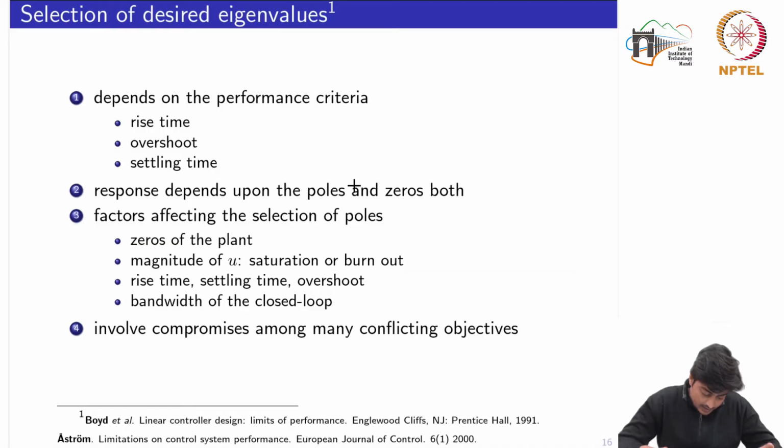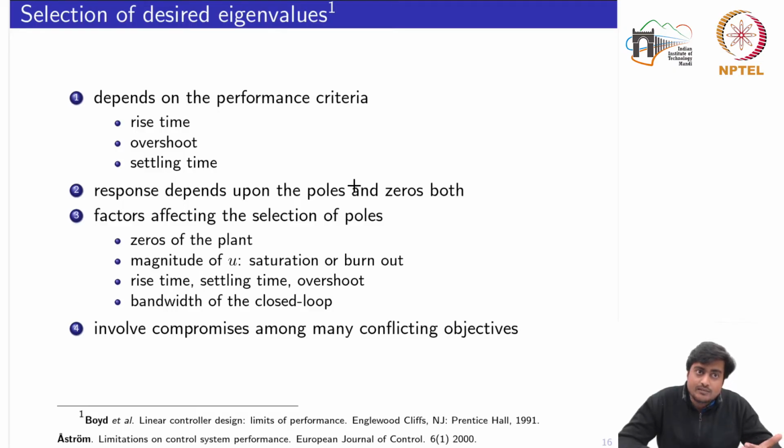The second point is the magnitude of U, which takes into account the saturation or burnout. This point is more from a practical point of view. If you have a certain plant, then those plants are actuated by some actuators, and we take some measurements with the help of some sensors.